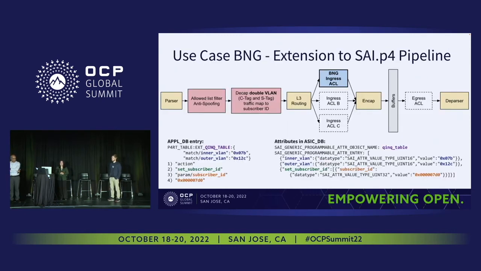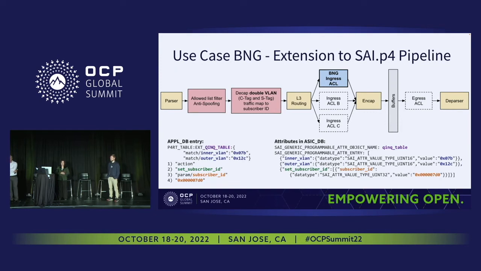BNG use case, again, this is a very simplified representation of what BNG entails. So we map the incoming tunnel packet with the C tag and S tag, and then map that to the subscriber ID. And this can eventually be used in the metering and accounting that BNG needs, for example. So from the traffic that comes from the home gateway to the broadband network gateway, we'll need the termination of PPP or Ethernet, for example.